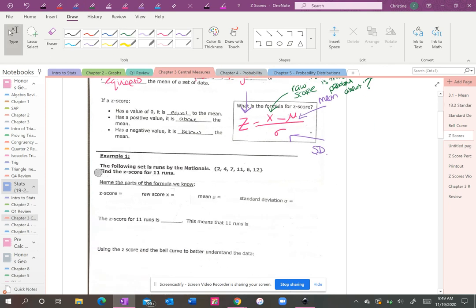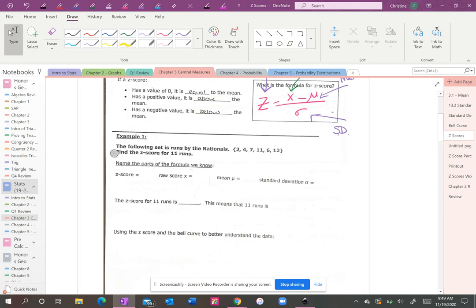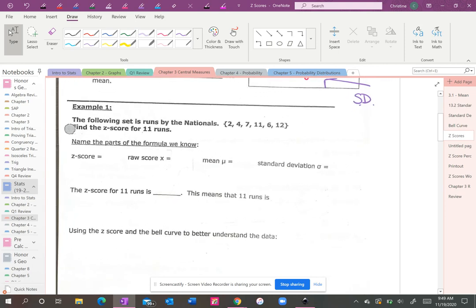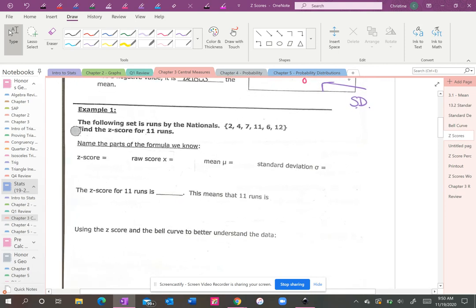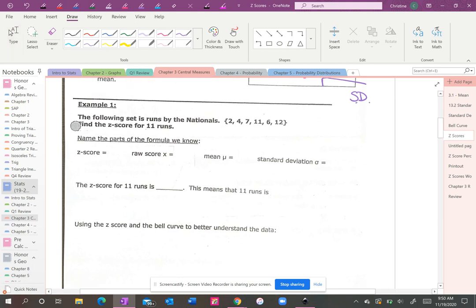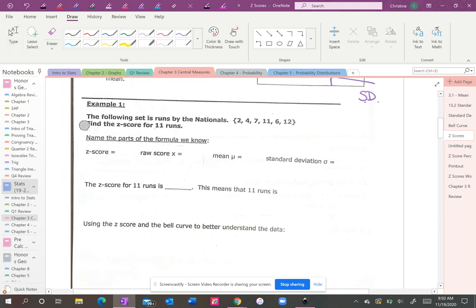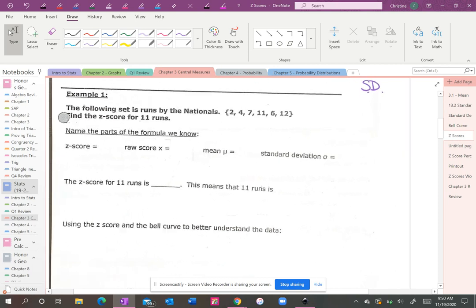Okay, so here are some numbers. It's the runs that were scored by the nationals. So we're going to calculate the z-score, the raw score, the average, and the standard deviation. I'm going to tell you what the standard deviation is.